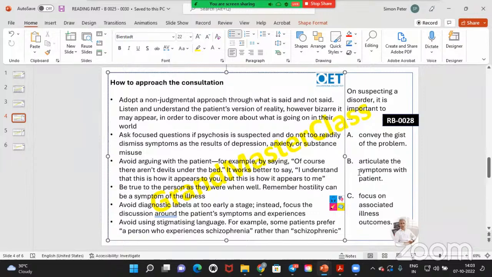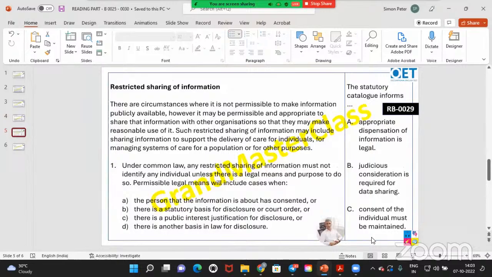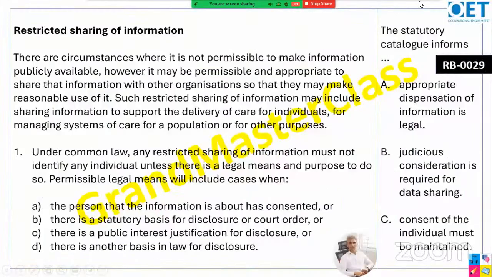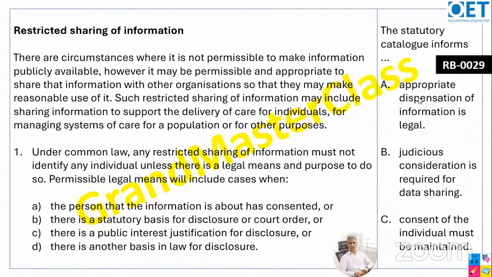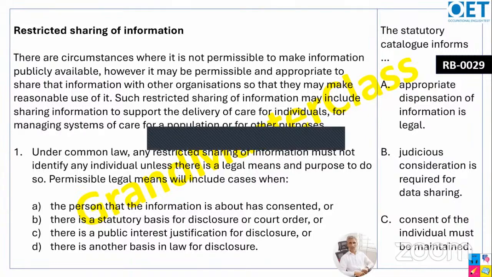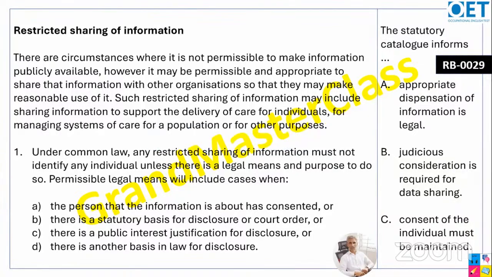5th question. So 2 minutes. 2 more questions are there. We'll finish and then afterwards we'll have lunch.